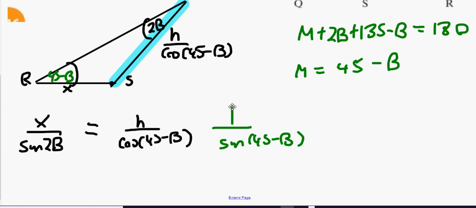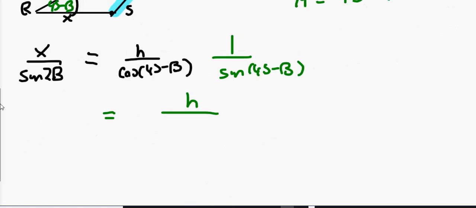And when I join the two of them together, what do you get? H over sine 45 minus b and? Okay.